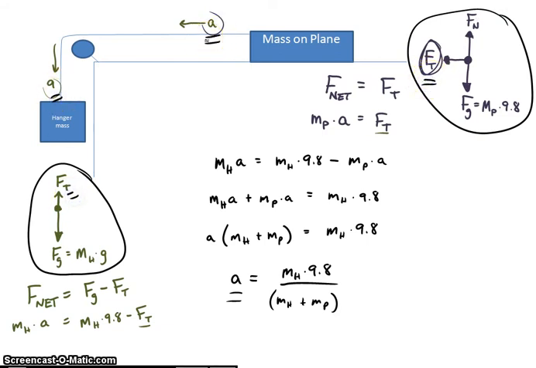Learn that method. If you didn't understand how I got this equation and derived it all the way down to this final thing, we need to sit down and go over how to do that, because that's the important thing. But ultimately, this is the mass of your hanger, this is the mass that was hanging, this is the mass of what was on the plane. You'll be able to calculate now the acceleration for all of those different trials.